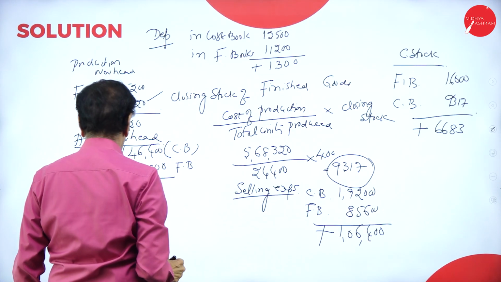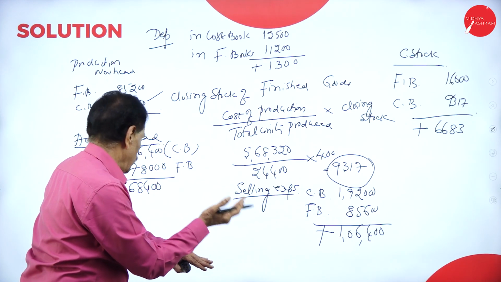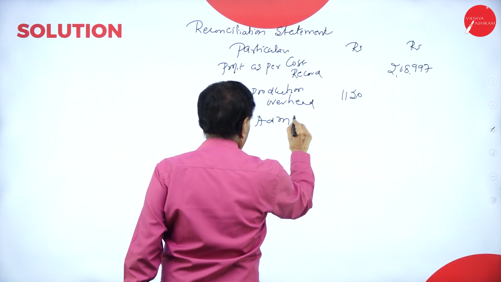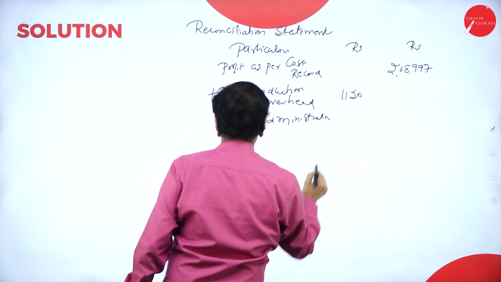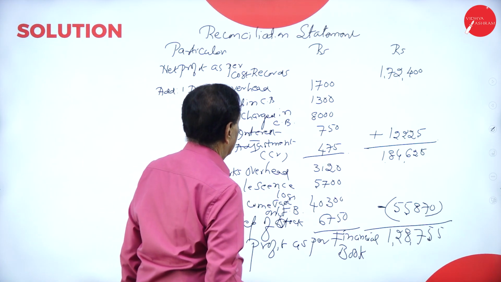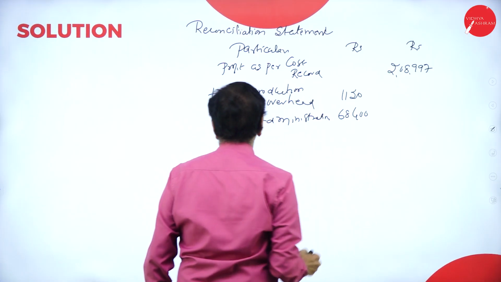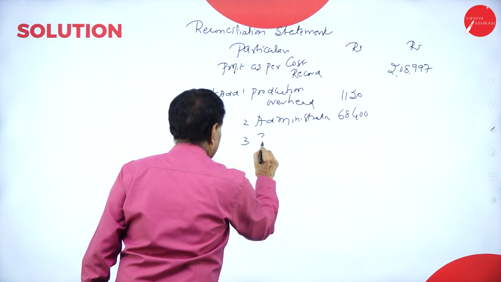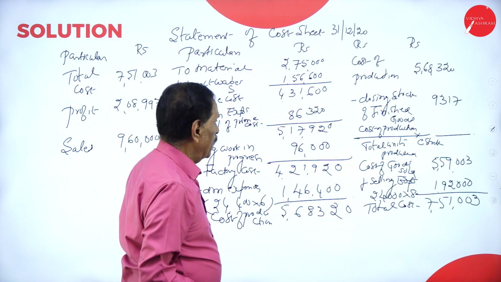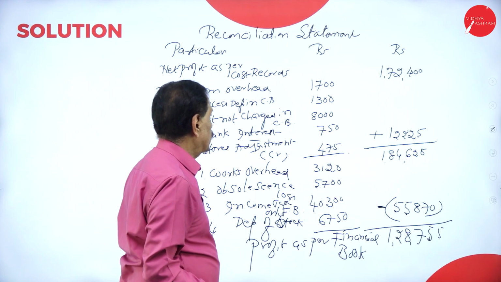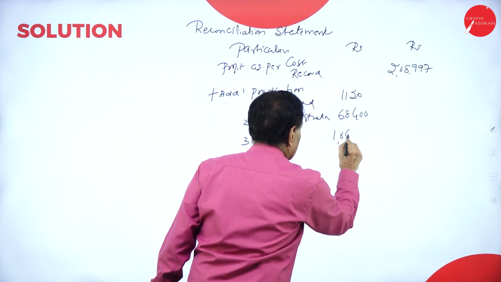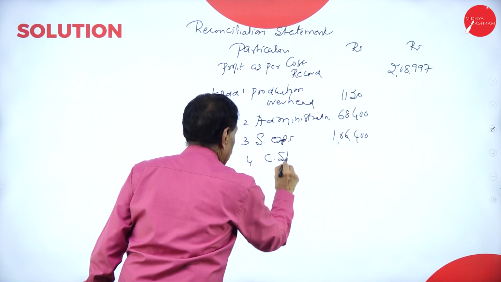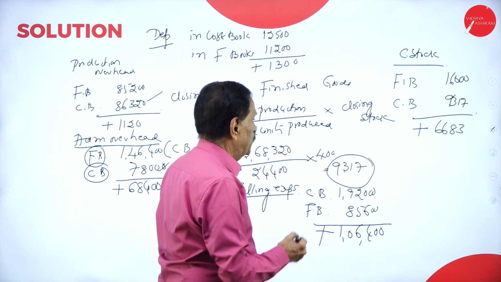Second, administration: financial charges less, costing charges more, so their profit is more, add back 68,400. Then selling expenses 1,06,400, plus closing stock 6,683.